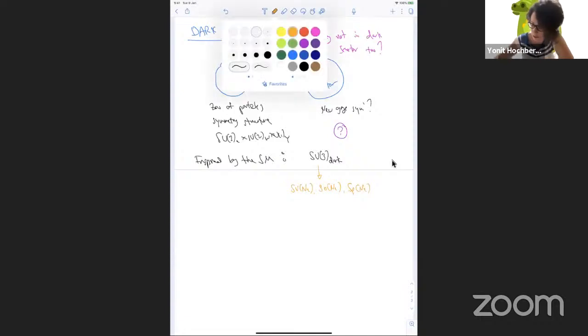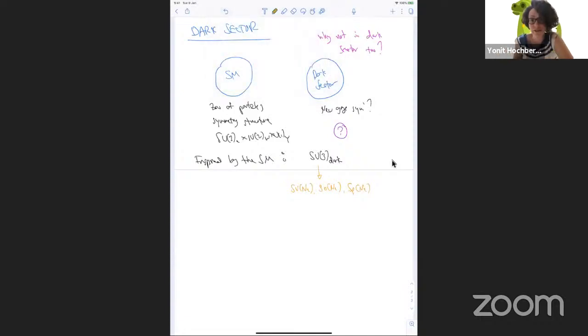And maybe just like we have in our standard model U(1) electromagnetism, maybe there's some dark electromagnetism. So maybe there's also some U(1) dark, a dark electromagnetism, and maybe I have a dark photon.